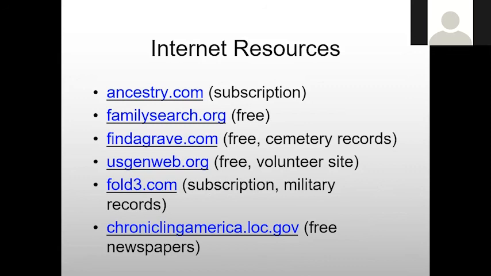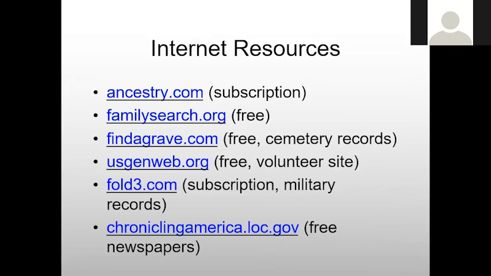We have many resources on the internet. There are hundreds of genealogy websites. And if you do a simple search for the best genealogy sites, best free genealogy sites, you will find hundreds of them listed. Most people turn to Ancestry.com and FamilySearch.org.